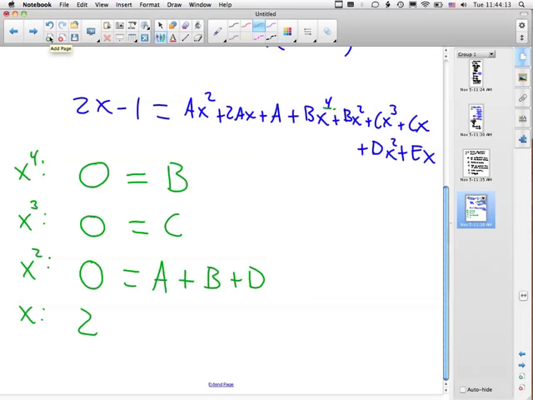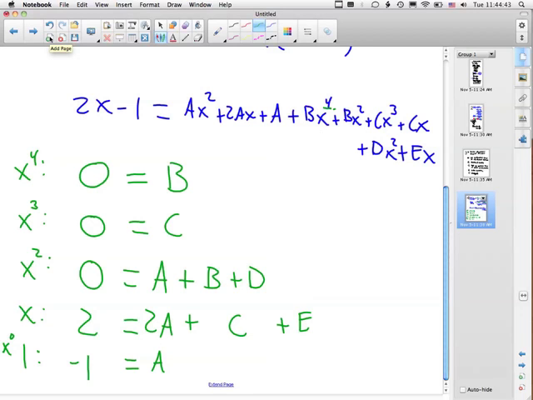X, we've got 2 on the left, and we have 2a plus c plus e on the right. And our constant term, which you could call x to the 0 if you wanted to, we have negative 1 on the left, and we have a, and that's it.